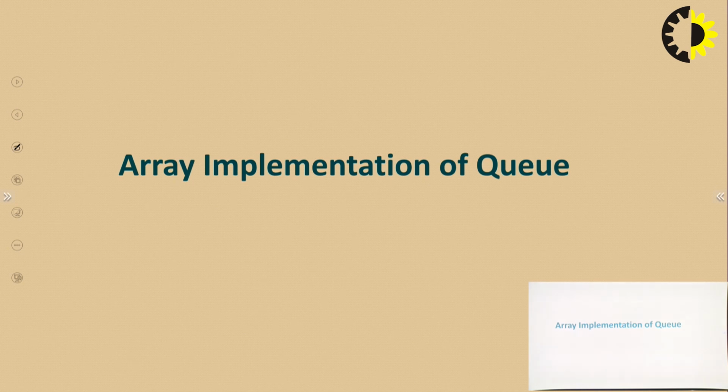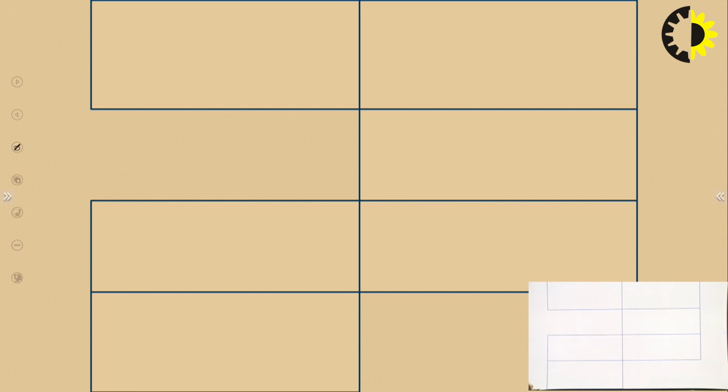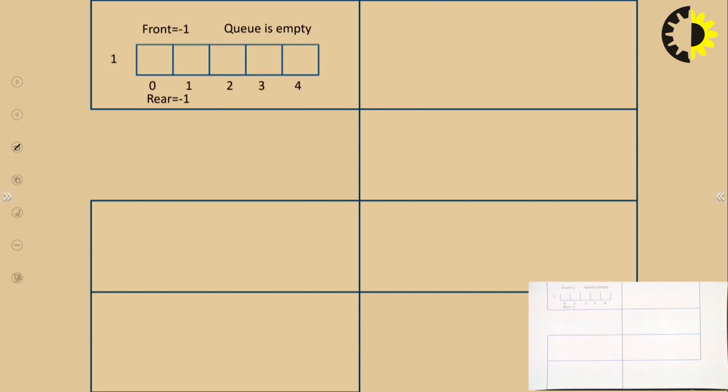Now, first of all, we are going to discuss the array implementation of queue. And before going into detail about implementation, we will discuss one example. Initially, in this example, because there is no element, or you can say the queue is empty, the value of front is -1 and rear is also -1. And we have taken the size of the array as 5.